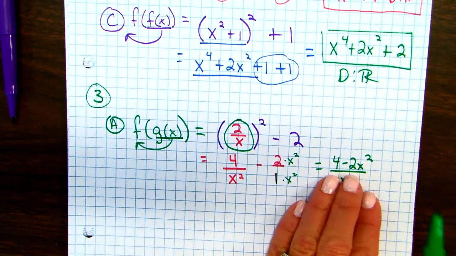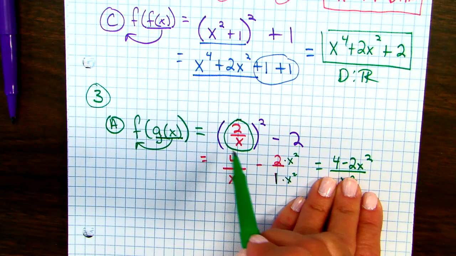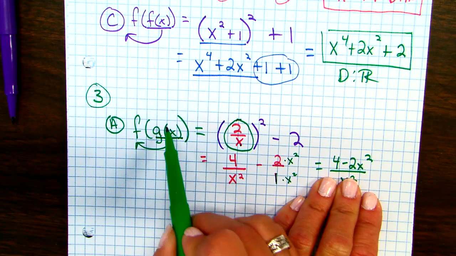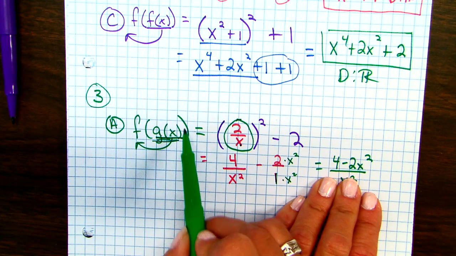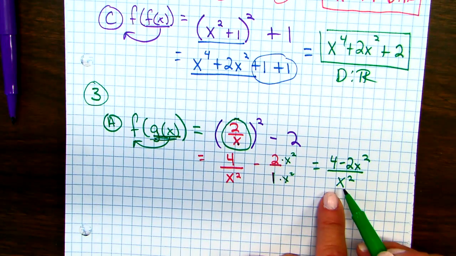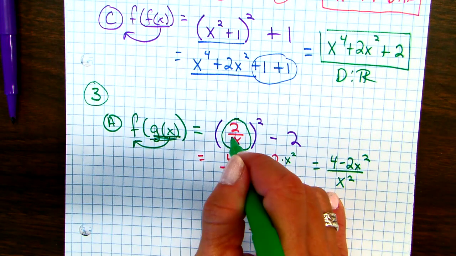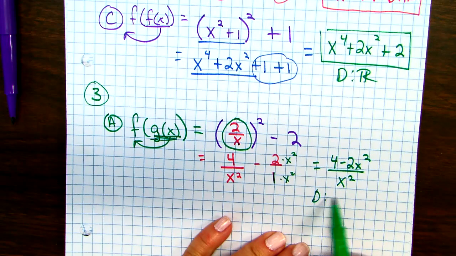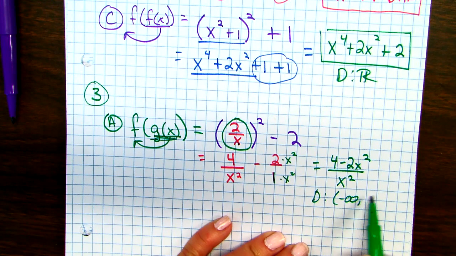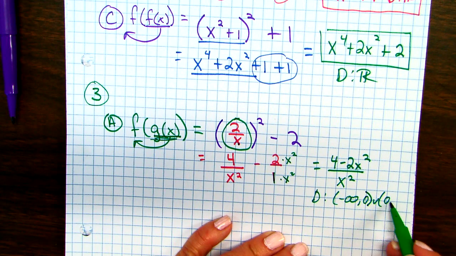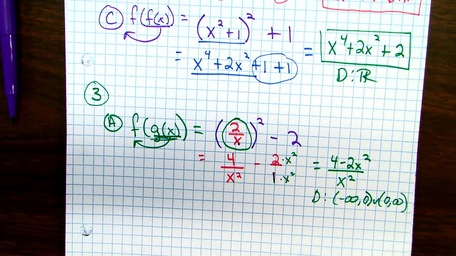So if, for example, that had somehow resolved, we would still have to remember that x can't be 0, because that was the restriction on our input. But we're covered in this one, because x squared has the same domain restriction as x. X can't be 0. So your domain is from negative infinity to 0, not including it, 0 to infinity. Or you can shorthand write it, just x can't be 0.